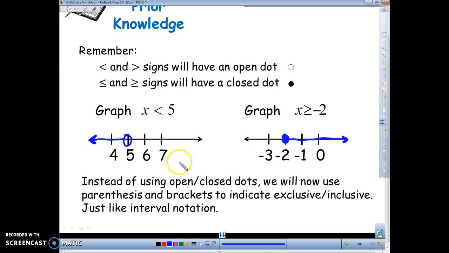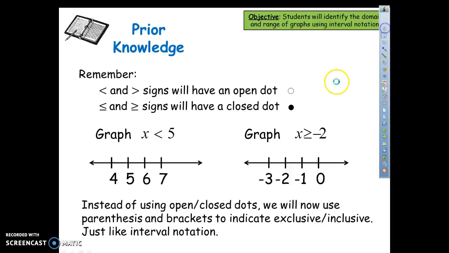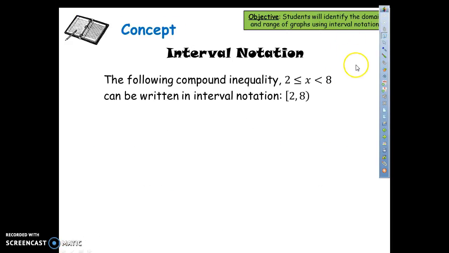For today's lesson, instead of using open and closed dots, we will use parentheses and brackets to indicate exclusive and inclusive values, just like interval notation. The following compound inequality, 2 is less than or equal to x, which is less than 8, can be written in interval notation.